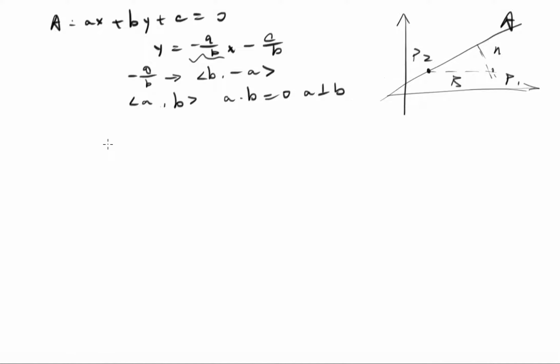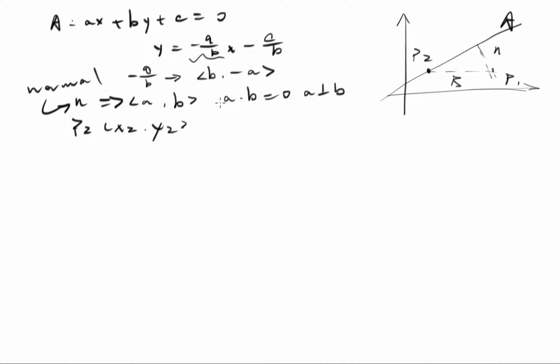And now we can just pick a completely random point on this line, and we can name it P2, which has the coordinates x2, y2. This is the vector of the normal line, and P2 is here, x2, y2.